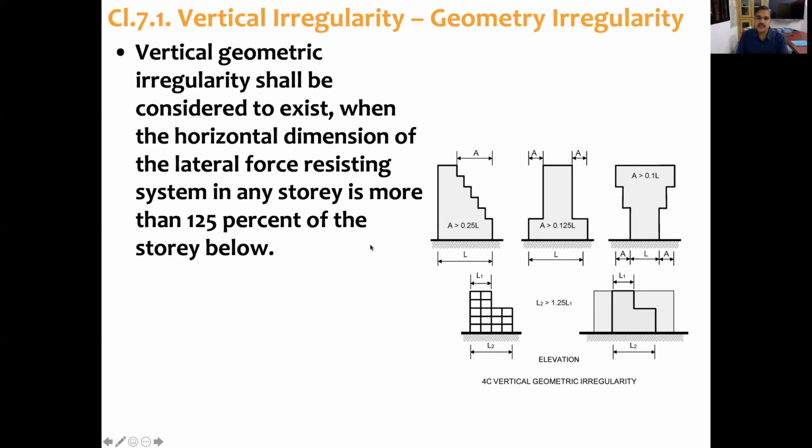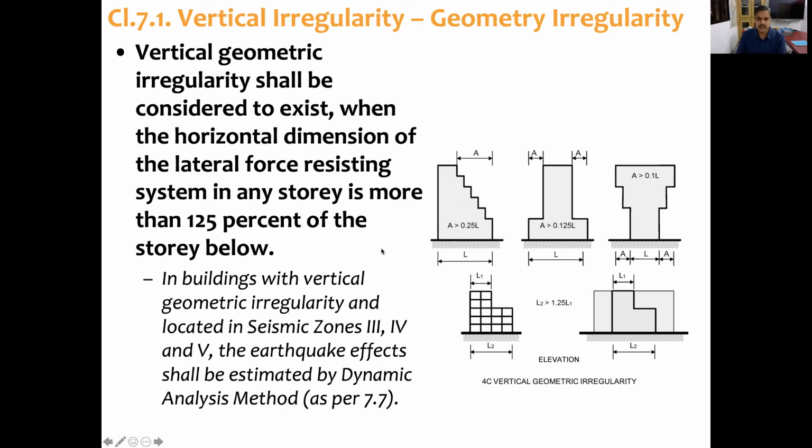Now, in such a case, what do we need to do for analysis? What the code suggests is, in buildings with vertical geometric irregularity located in seismic zones 3, 4, and 5, there is some leeway for zone 2, but for zones 3, 4, and 5, go for dynamic analysis to get the design forces or the stress resultants in a correct manner.